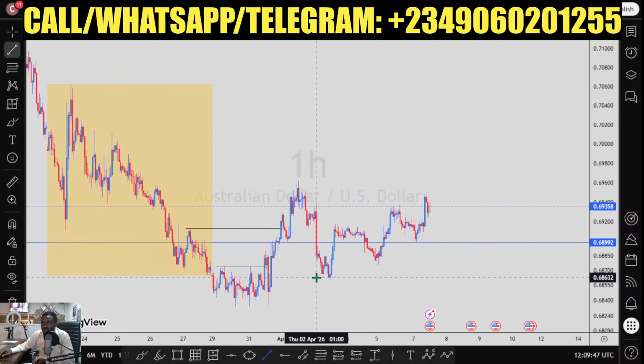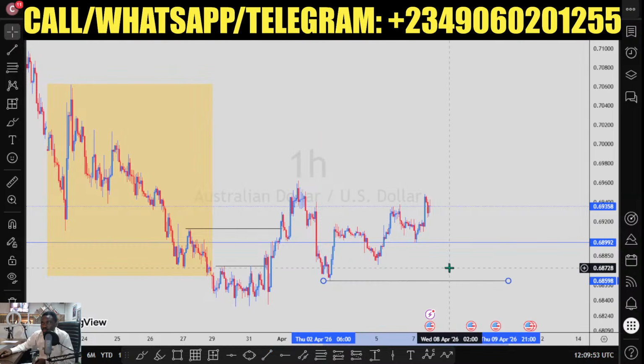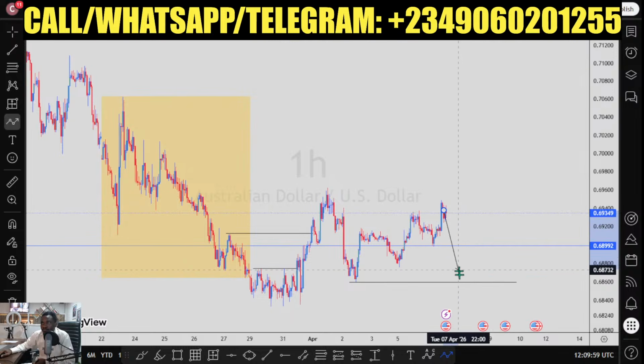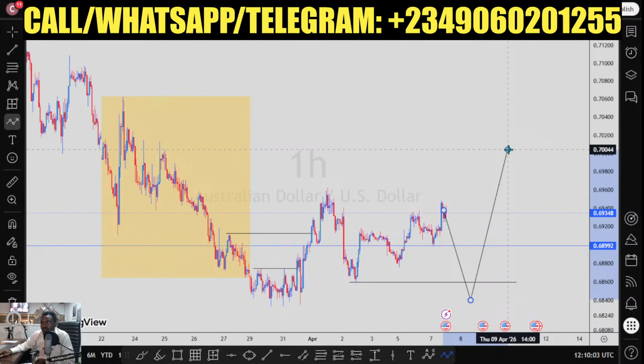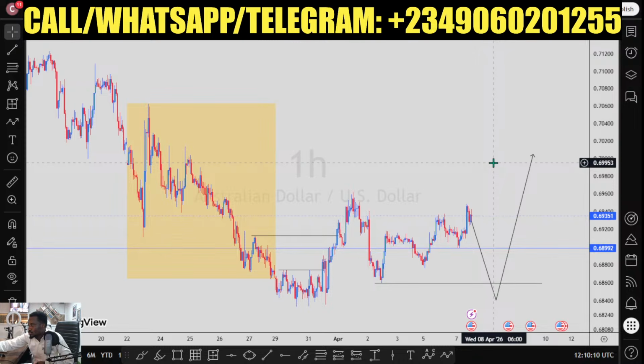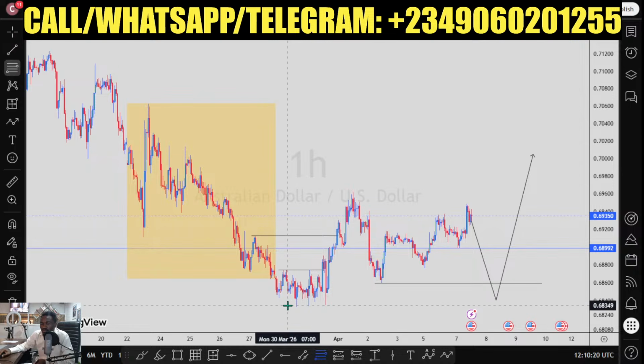What we add right here, it will be better if price can still push all the way down to this structure before you mark up. Yes, if price can still push all the way to that zone of 0.68450 or 400.